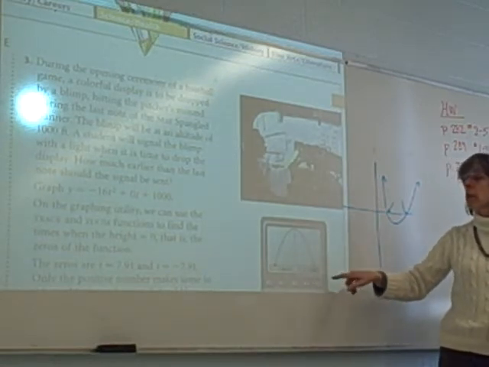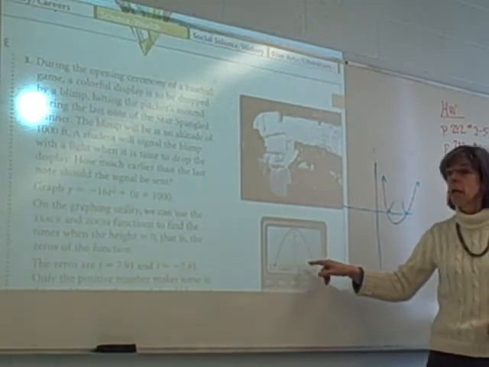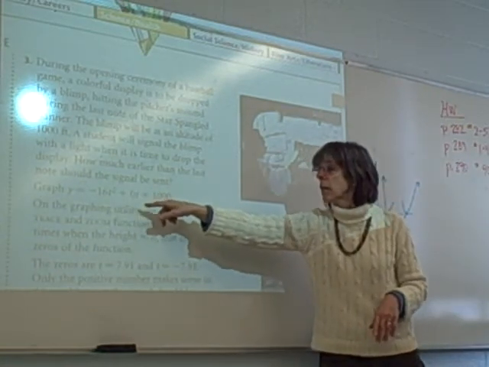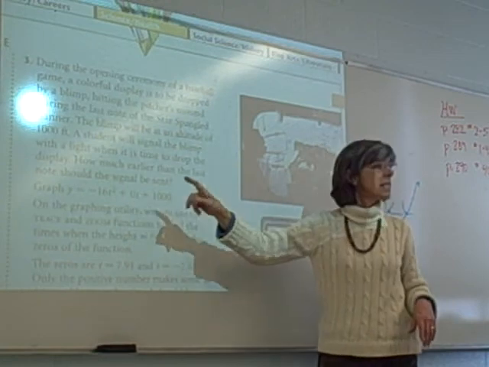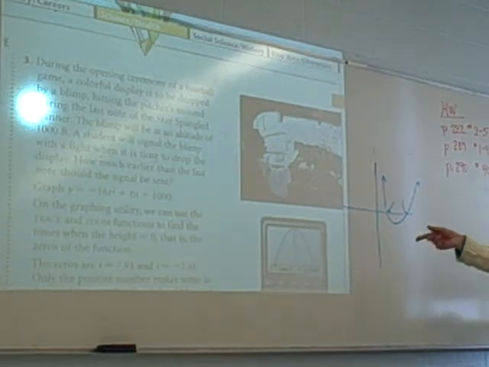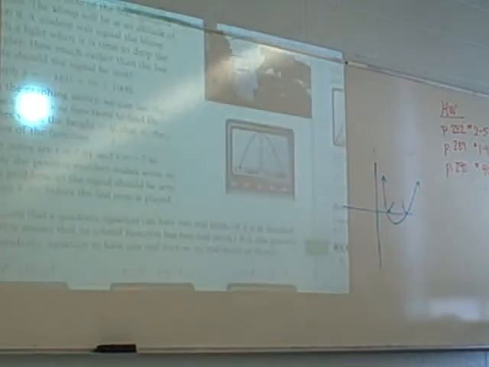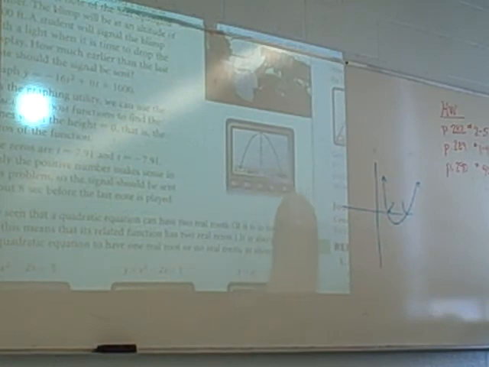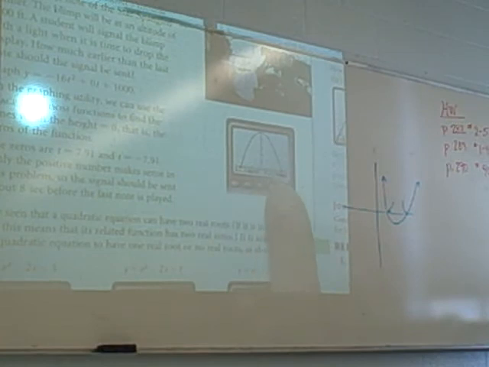If we're looking for where it's going to be, we have negative 16 t squared plus 0t, 0 meaning 0 velocity, plus 1,000. I'm just going to show this to you quickly. When they graphed it, do you think we're interested in the negative part? No. What does this represent?